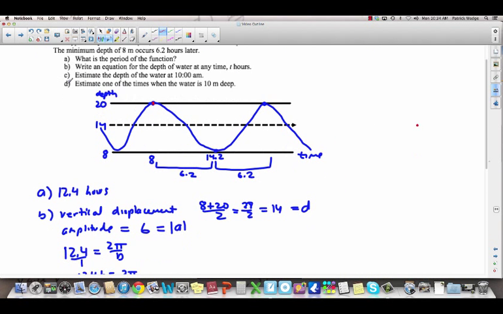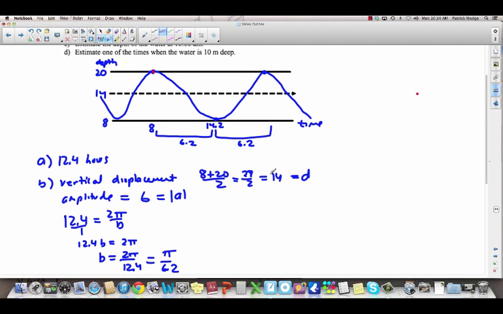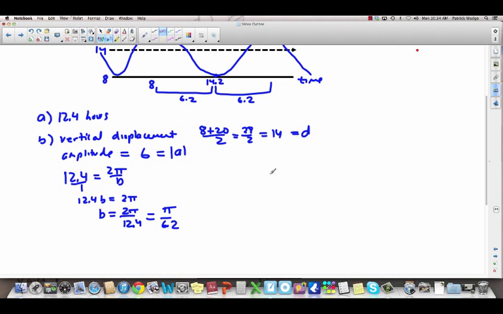Alright, so what we have then is y equals, or maybe instead of y, what are we talking about here? Depth. Okay, d equals, I guess, for depth. D equals the a value, and we said it's going to be positive cosine graph, so 6 cosine.